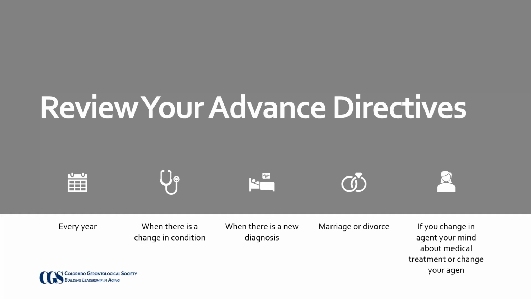So at that point, you would need to complete a new medical durable power of attorney form. And at any time, if you change your mind about the medical treatment that you want to receive, or you want to change who your agent or your alternates are, at that point, you complete a new document. So make sure that it is a living document, and we're looking at it frequently and making sure that it still meets our needs and it makes sense for what we want.